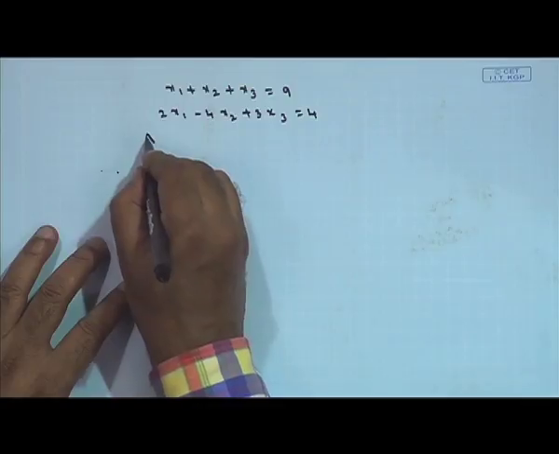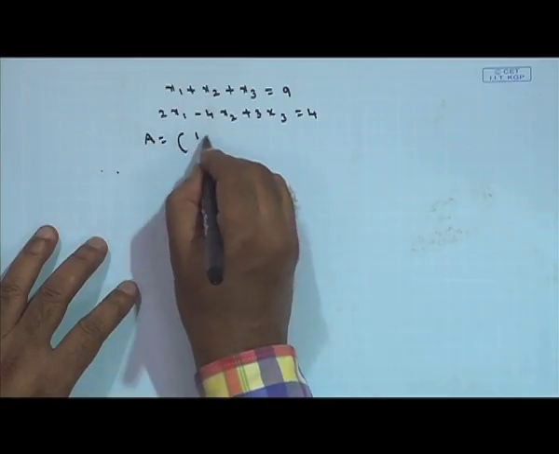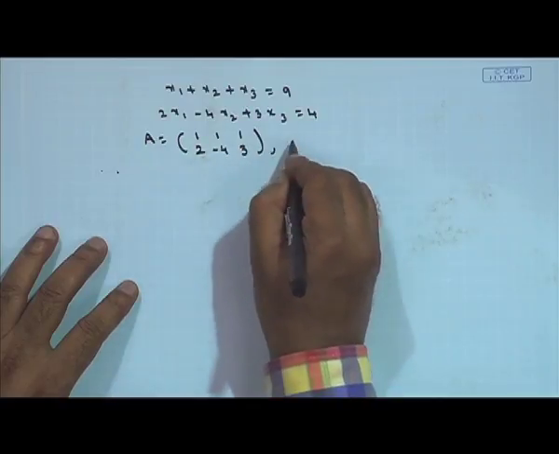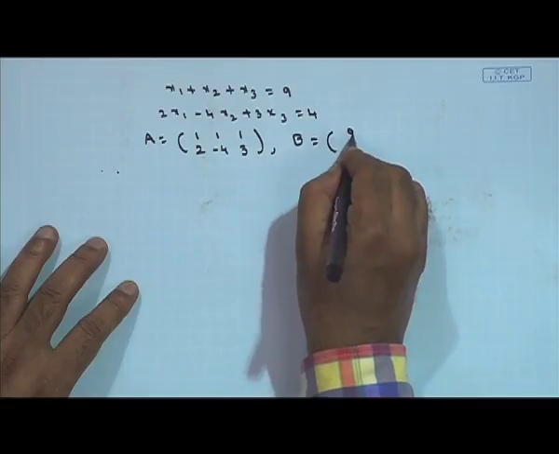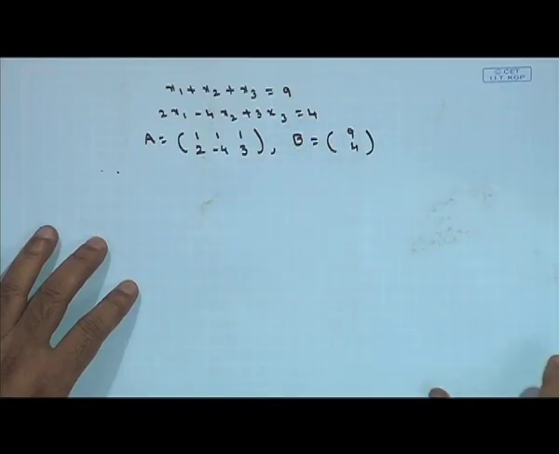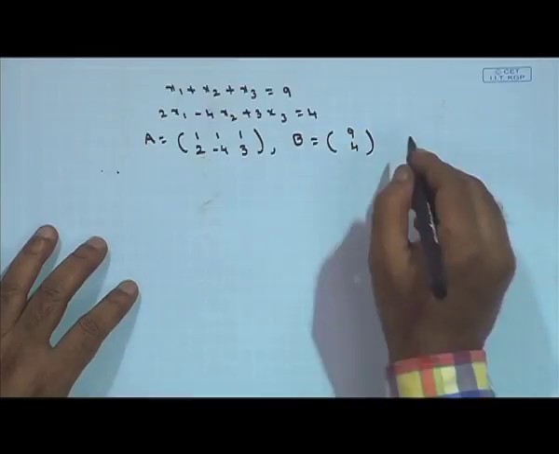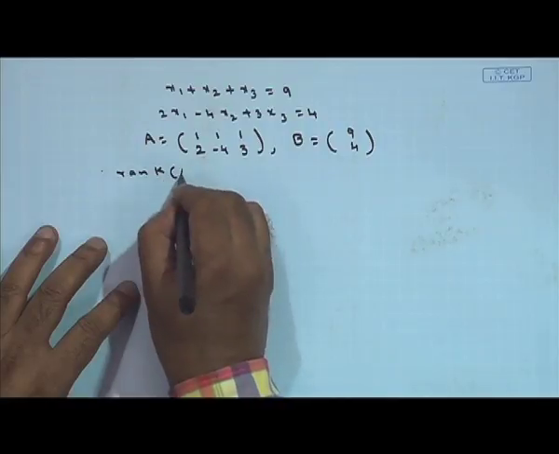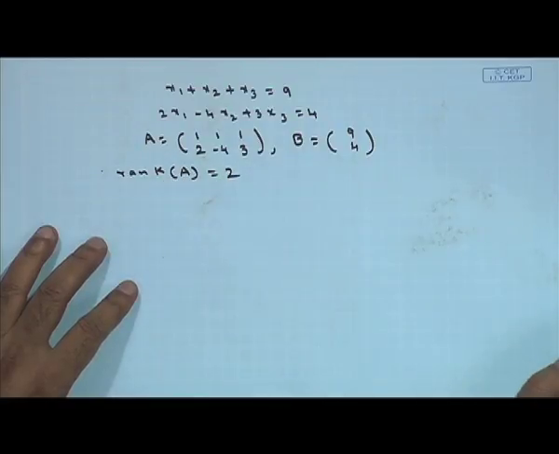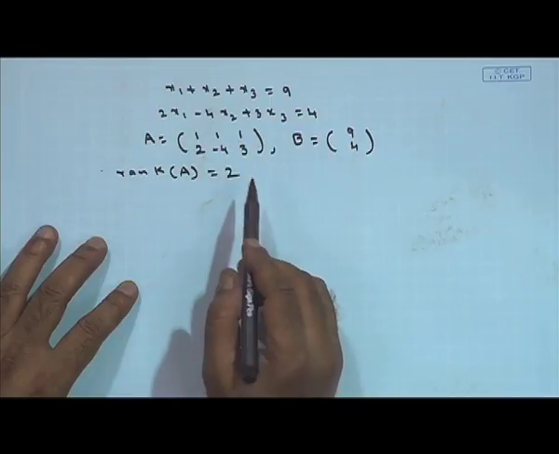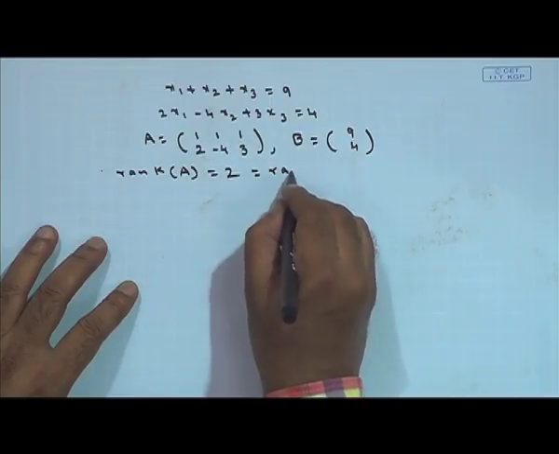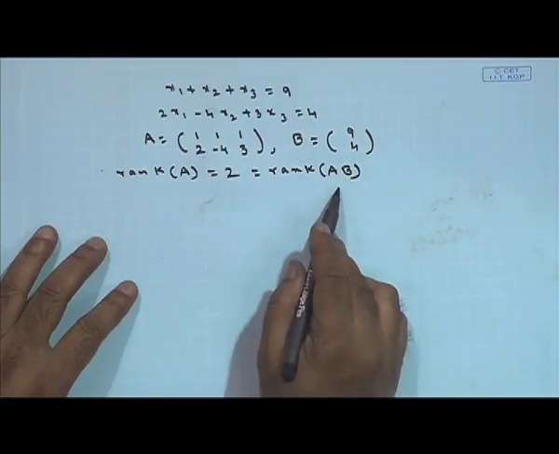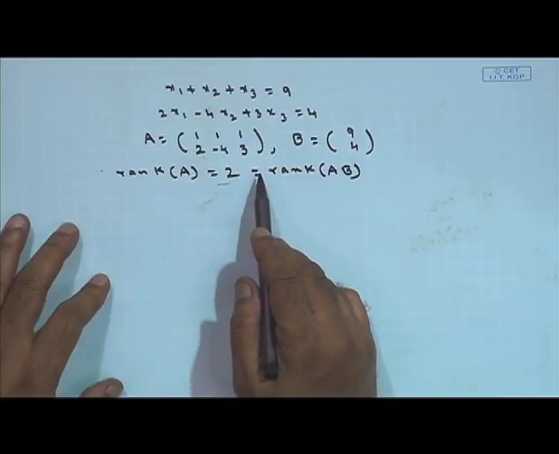In matrix notation, A is 1 1 1, 2 minus 4 3, and b is 9 and 4. If you find the rank of A, it will be 2; I am leaving that for you to check, it is very easy. Rank of A equals rank of the augmented matrix, which equals 2.